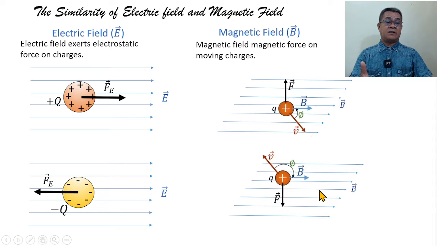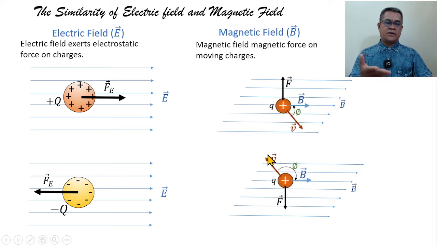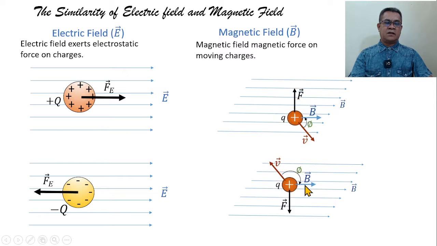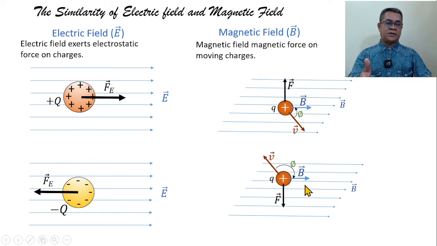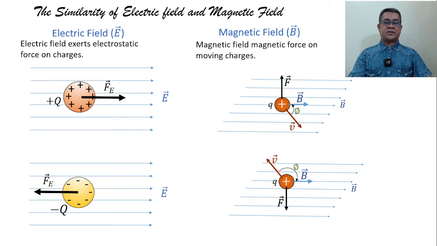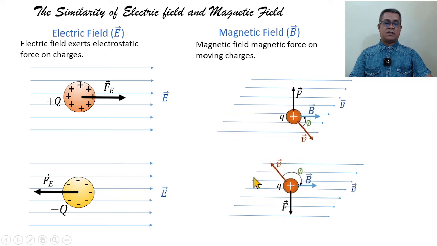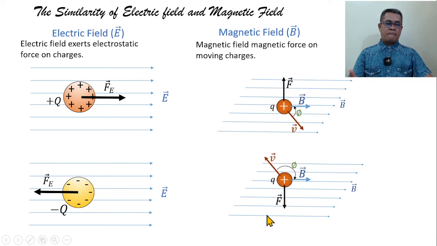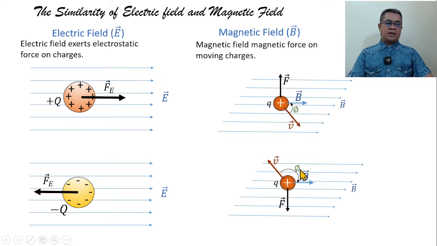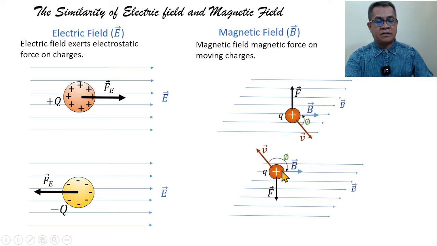So in this video, let us look at how to calculate the amount of force because of the velocity and magnetic field interactions. Remember that the interaction of the velocity of the particle and its charge with the magnetic field results in magnetic force. So the question now is, how much force and what is the direction of that force? What is the relationship of the force to the charge, and what is the relationship of the force to velocity, magnetic field, and the angle between the velocity and magnetic field?